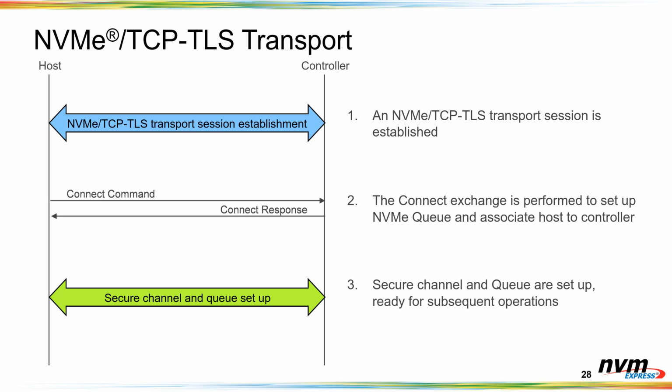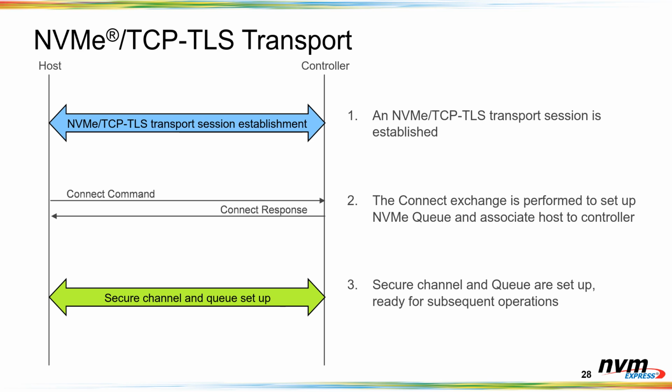The first thing that is done is a communication channel is set up, and this is set up with TCP using TLS, so that the connect command that is sent in step 2 that is used to start setting up queues. In this case, you get one queue per connection.